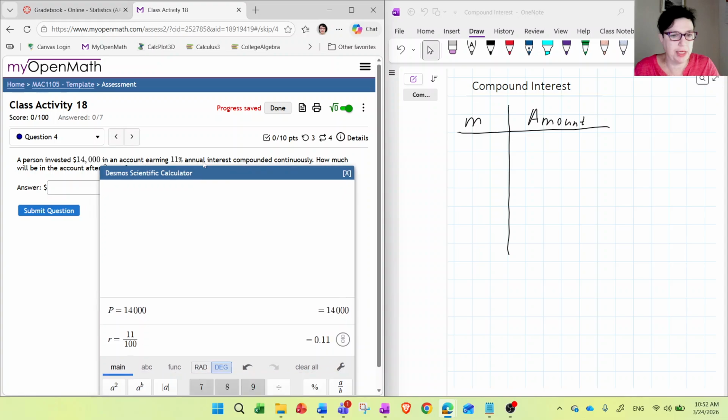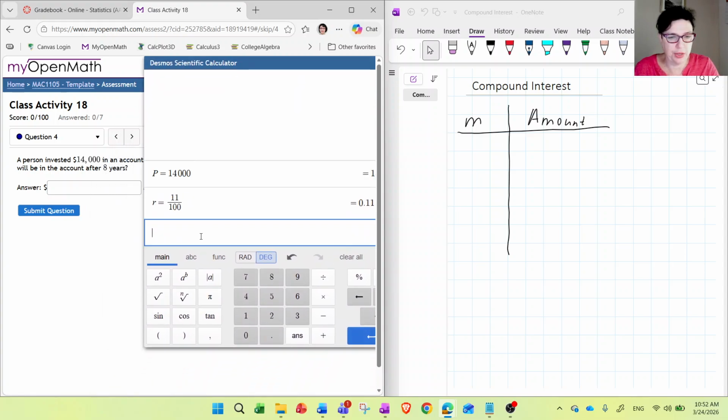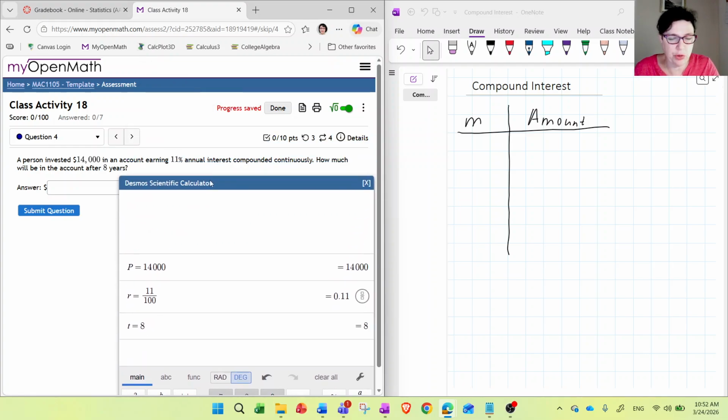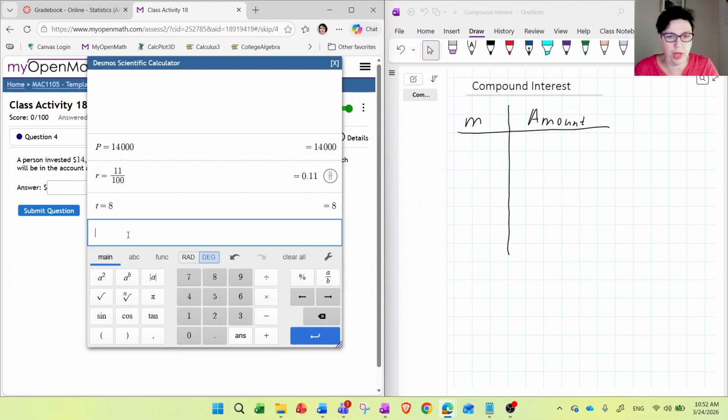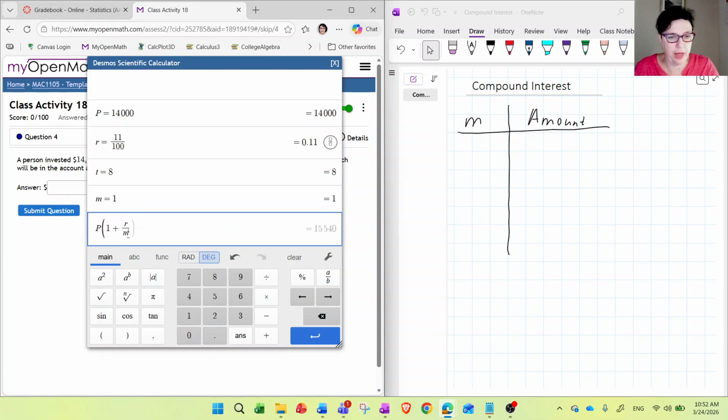The next thing is it's 8 years. That's time, T equals 8. This is continuous compounding, but I'm going to first say, what if it was just once a year? So it's annual. The formula for compounding of interest, the amount that you will get at the end of the 8 years, is P, capital P, then 1 plus R divided by M. This is what's called rate per period.